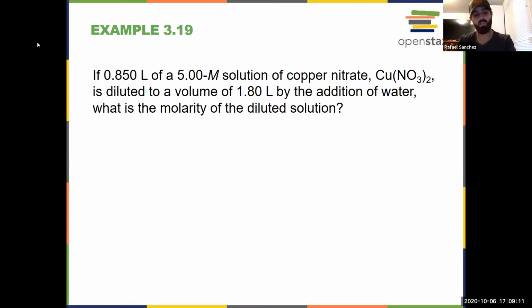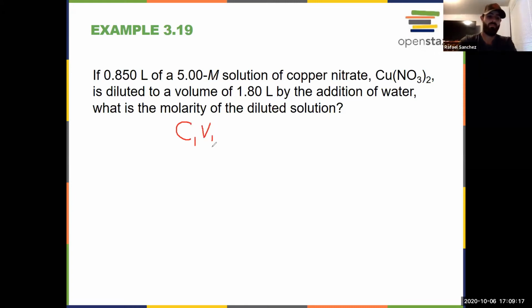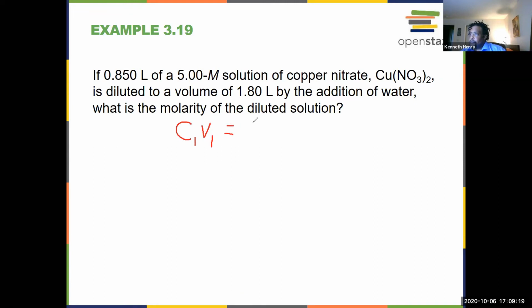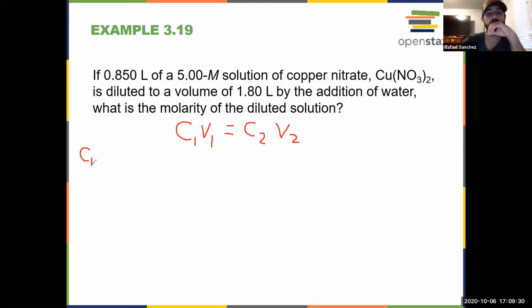Use the C1V1 equals C2V2. That is correct. Okay, so what is C1? The concentration of the 5.00. What's C2?